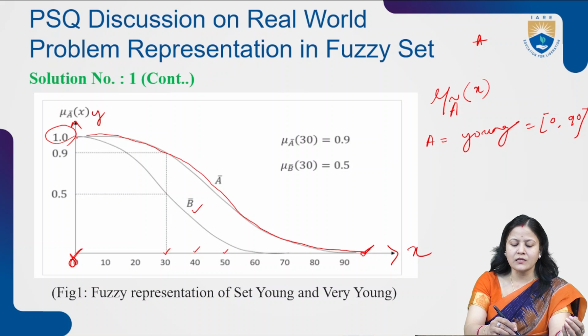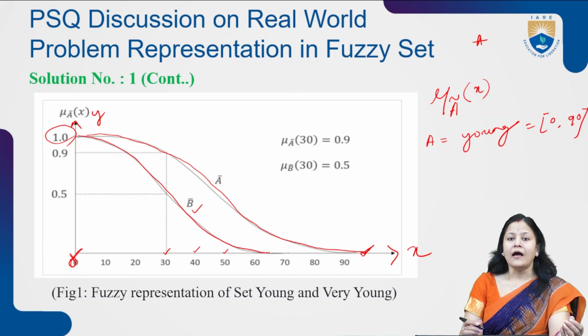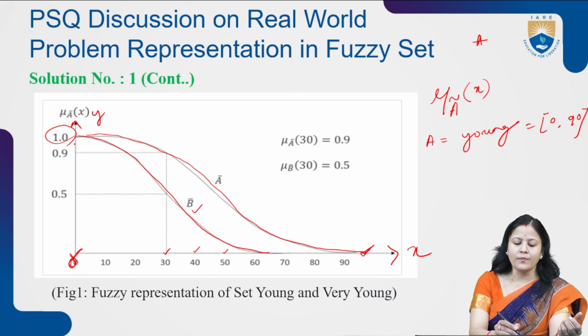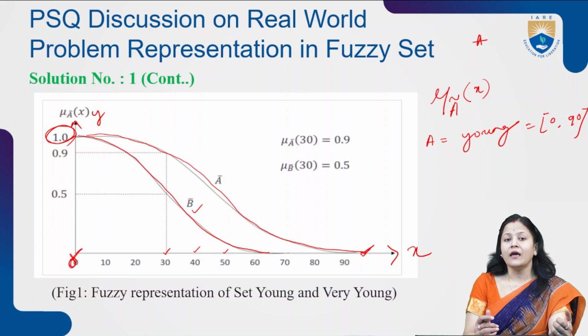Now, consider the second one, which represents the very young category and whose age ranges between 0 to 60. At the age of 0, the membership value is 1. That means the person is fully young. As the age increases and reaches 60 years, the membership value becomes 0.